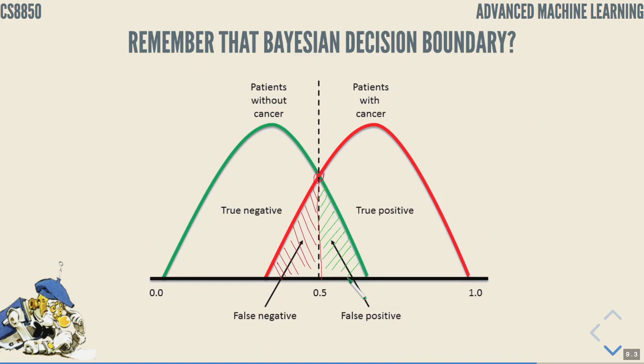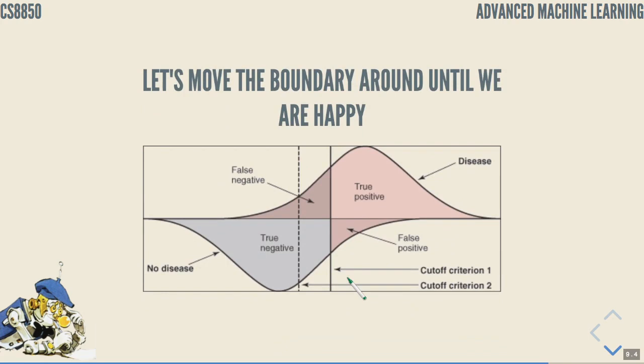So let's look at a slightly different picture of the same thing. We have two probability distributions, one for one class, another one for the other. This is healthy, no disease, just conveniently flipped so we can see those regions better, and disease.